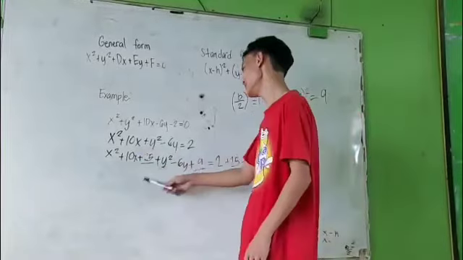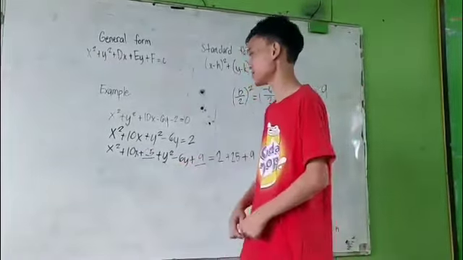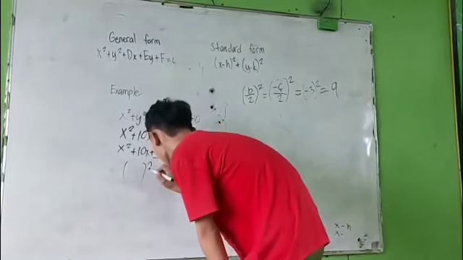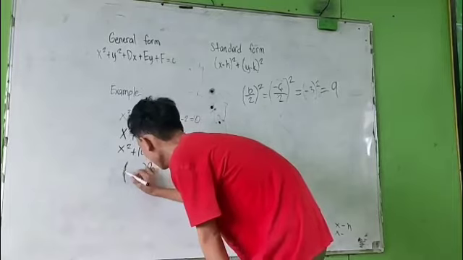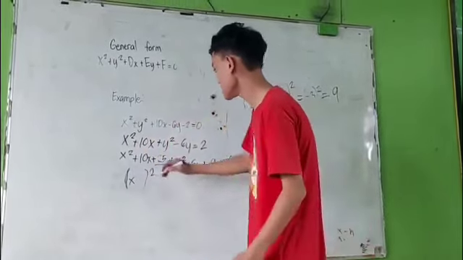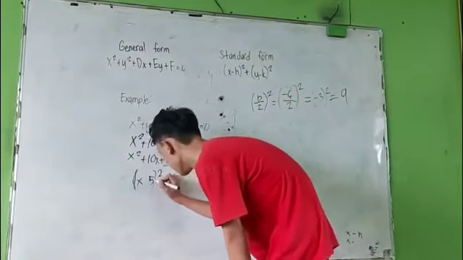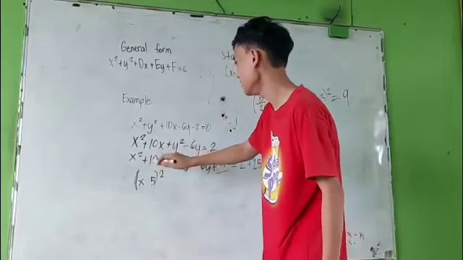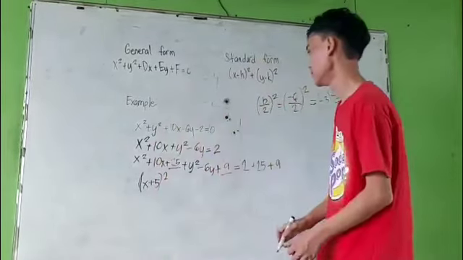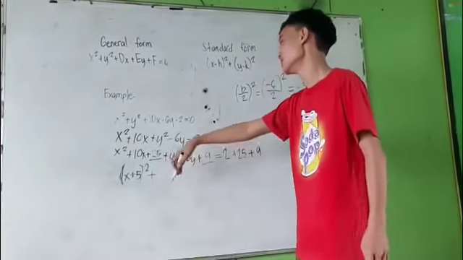Since this is already a perfect square trinomial, we can now rewrite this into a square of binomials. So we're going to copy x squared, and what we're going to do here is get the square root of 25. Square root of 25 is 5. And copy the sign in the middle, plus. Repeat the same procedure to the y variable.